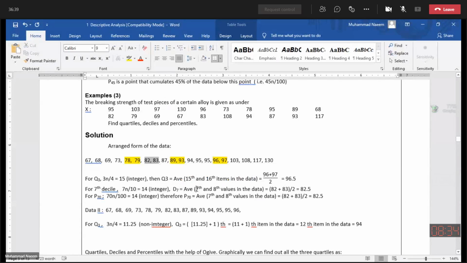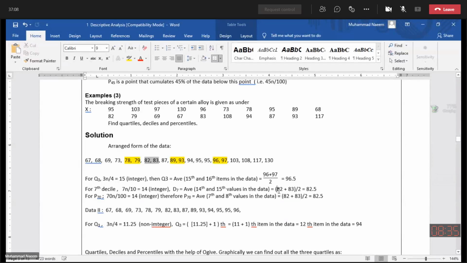Counting 1, 2, 3, 4, 5, 6, 7, 8, 9, 10, 11, 12, 13, 14, and 15, in between 95 and 96.